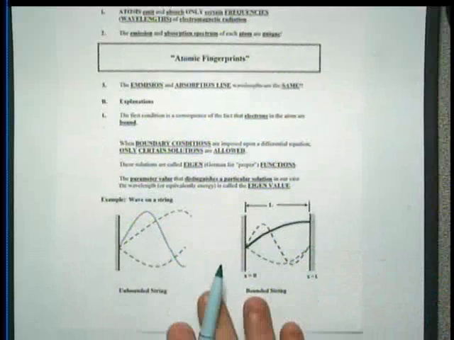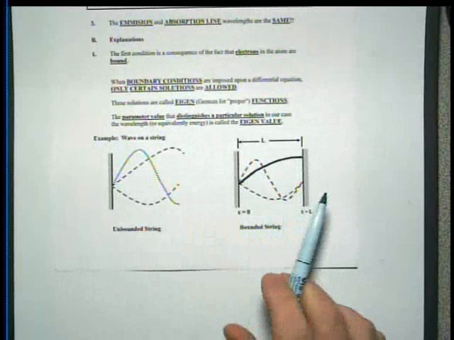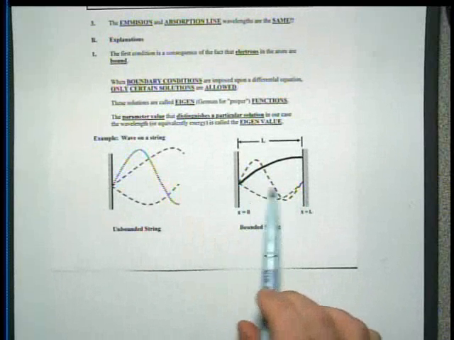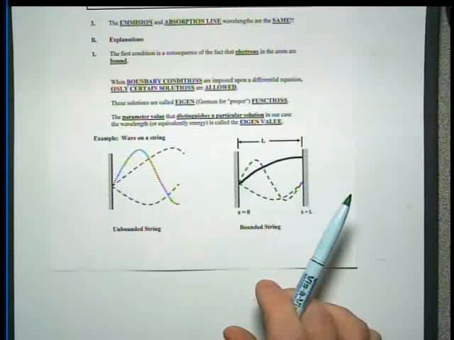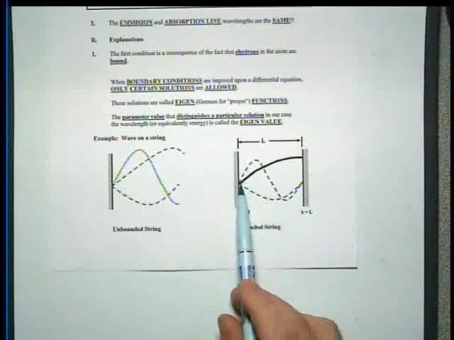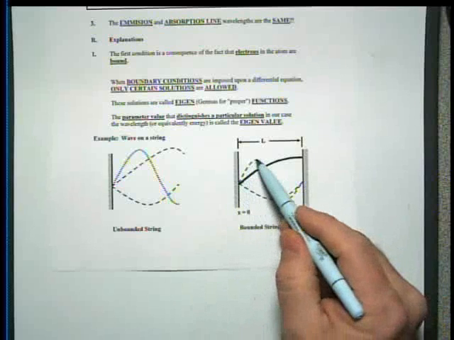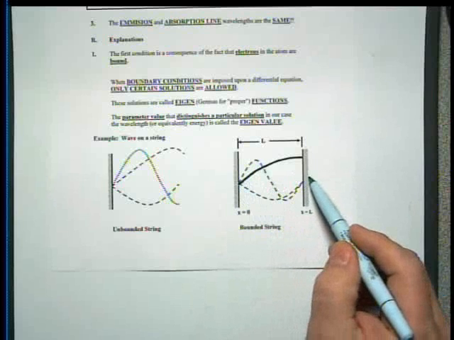In German, there's a name for that. When you only have certain solutions, the solutions are called the eigenfunctions. And the values that determine which solutions are available are known as the eigenvalues. In this case, the eigenvalue is the wavelength. And the function, it looks like, is some sort of sine function.